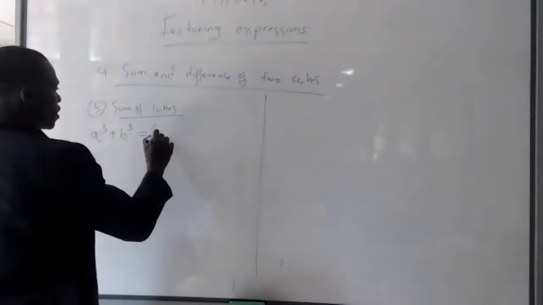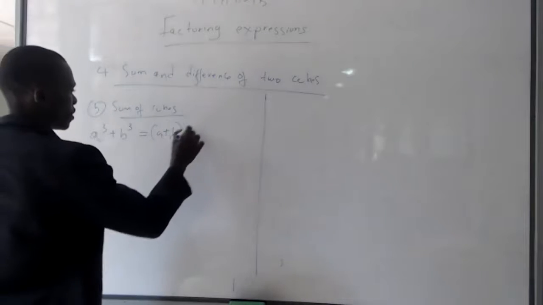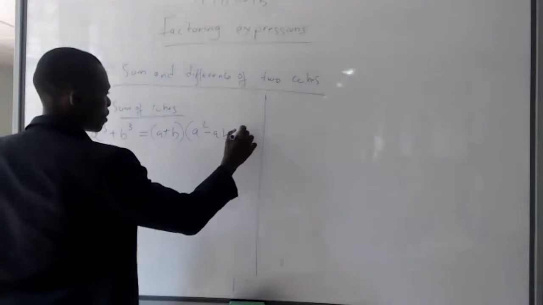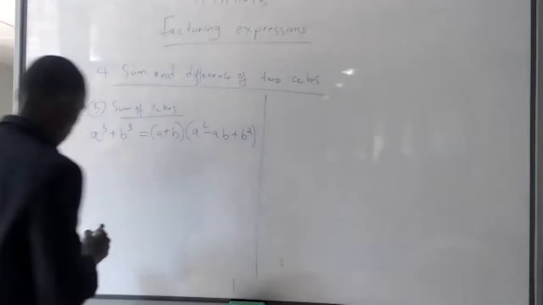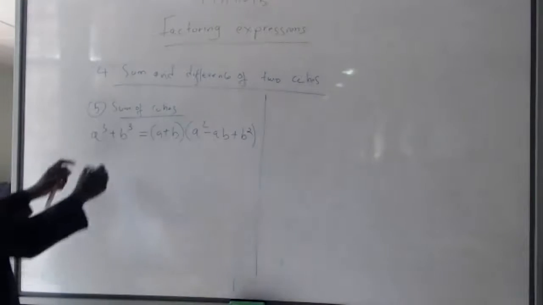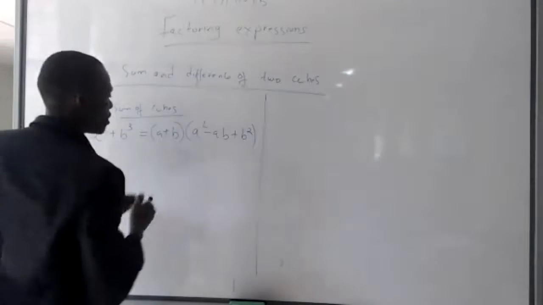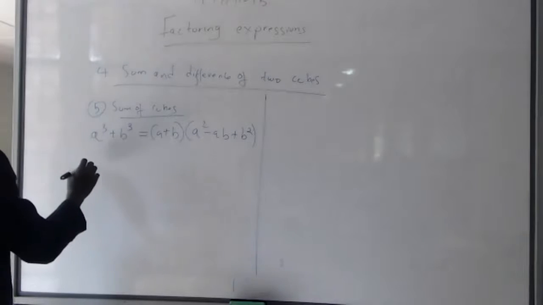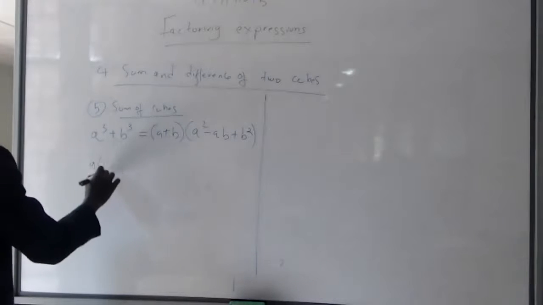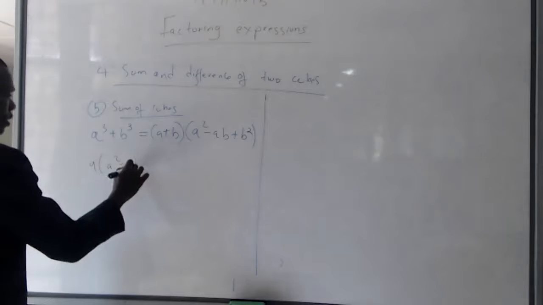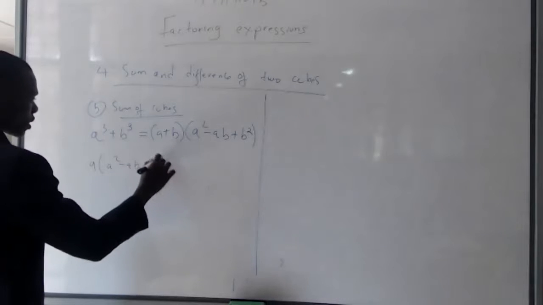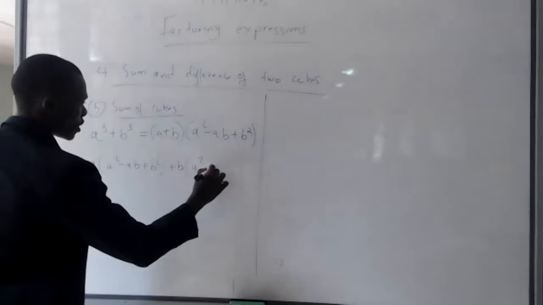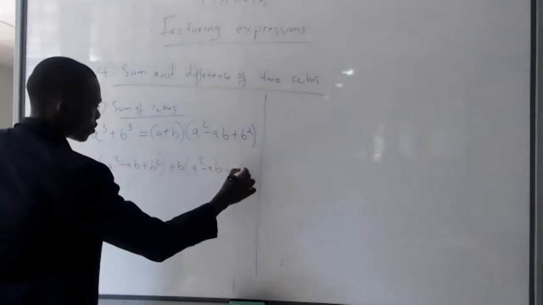So this should be a plus b times a squared minus ab plus b squared. Of course, to confirm if it is true, just multiply the terms on the right hand side and check if you get what's on the left hand side. So I will take a into a squared minus ab plus b squared, plus b into a squared minus ab plus b squared.